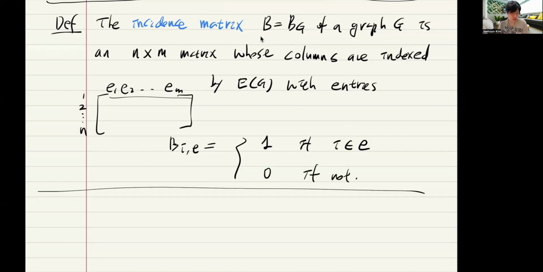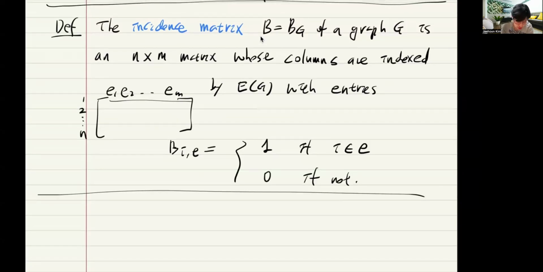This naturally defines the information about the graph, and contains all the information about the graph.